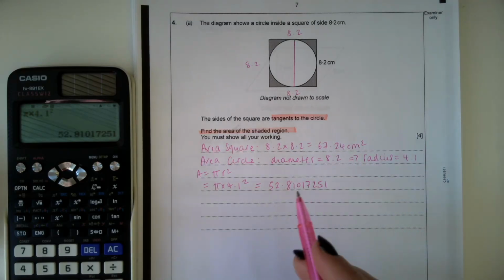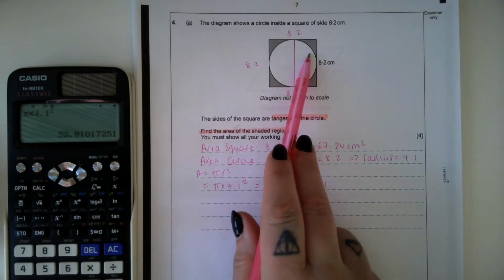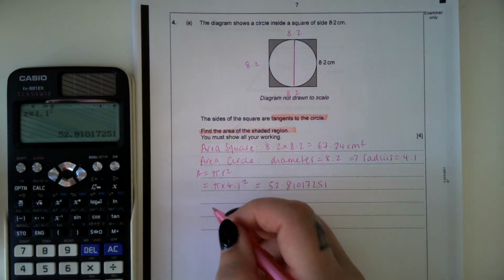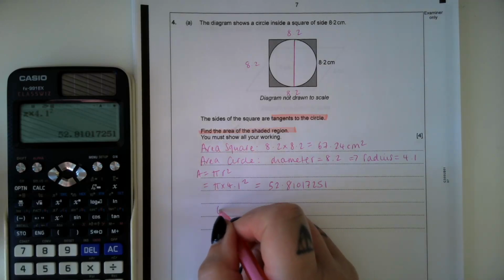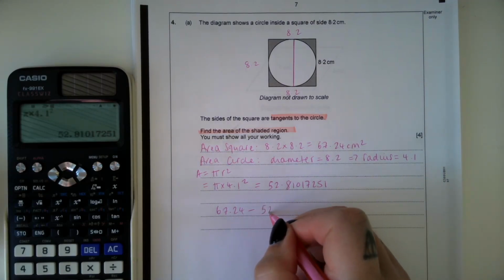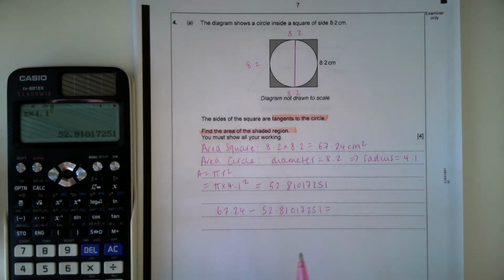Okay, so the area of the shaded region is the area of the square, the whole shape, subtract the area of the circle that's not shaded. So our area of the shaded region is 67.24, subtract the 52.8101721. Now notice I didn't delete that off my calculator because I don't want to enter all those decimals in again.